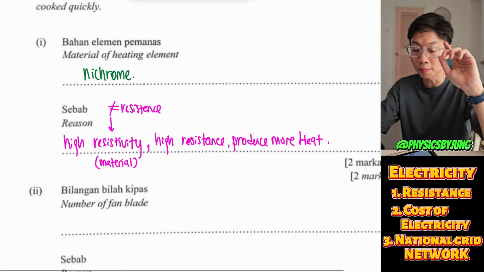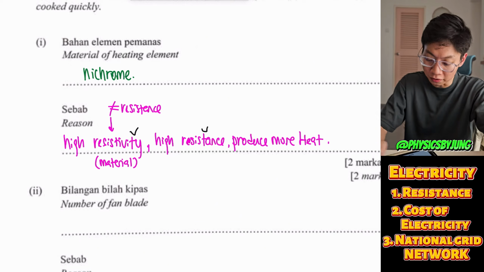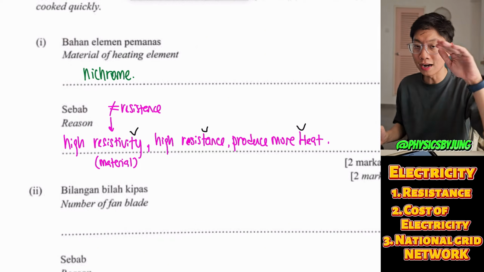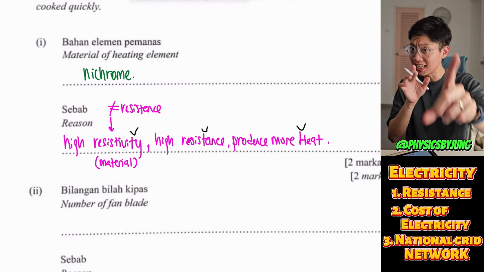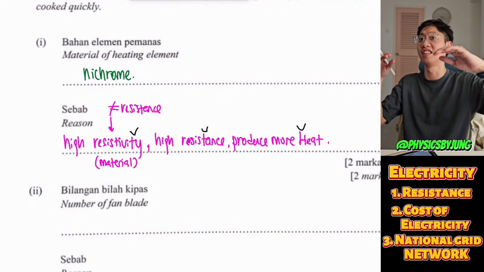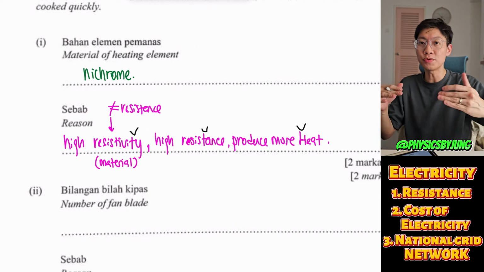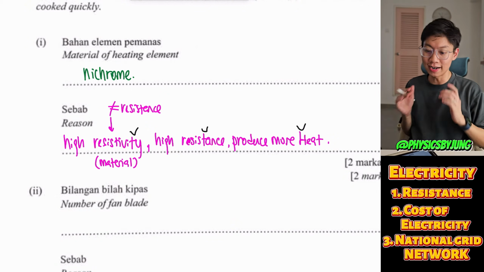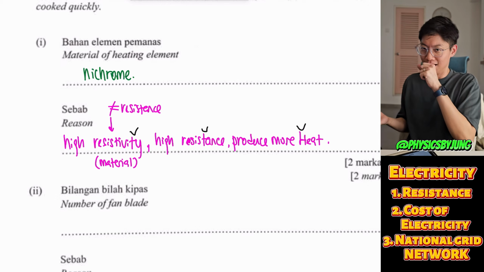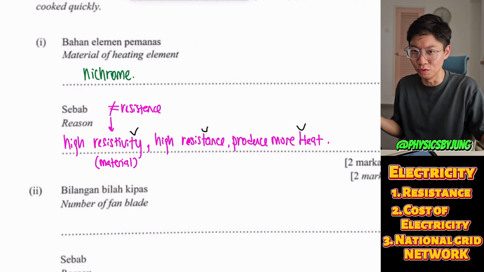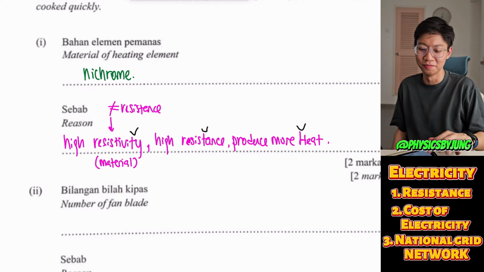So you see, we talk about resistivity, then we talk about resistance, then we talk about more heat. I don't want to skip anything here because we won't know the schema, which is the word they are looking for. So the best way is we write a complete answer. Moreover, for some of you, if you don't do science, this is the last time you do physics, right? So you might as well just write your best answer.